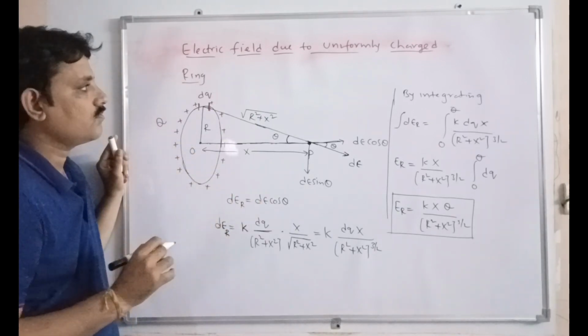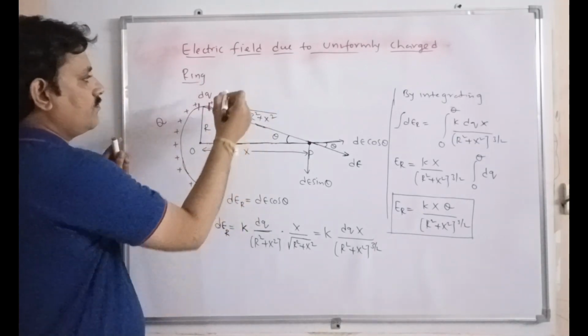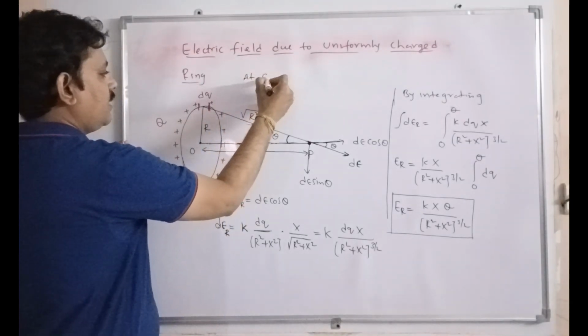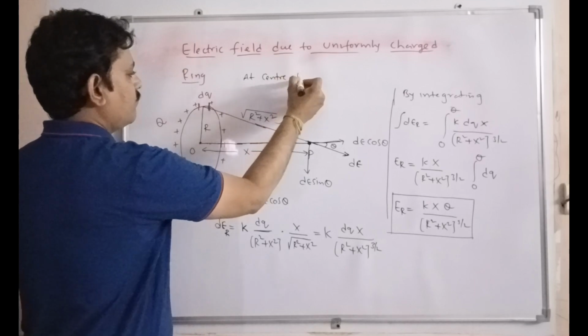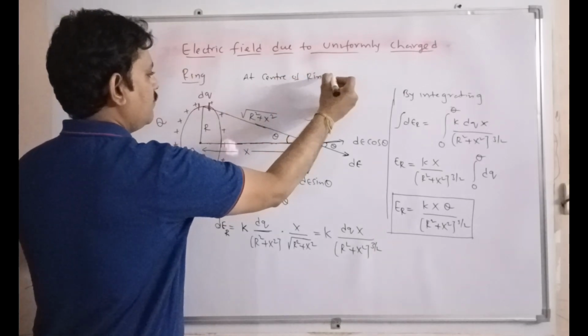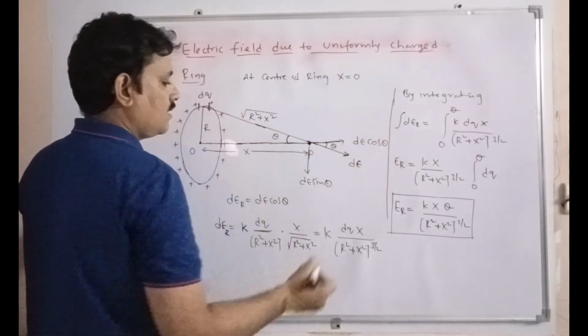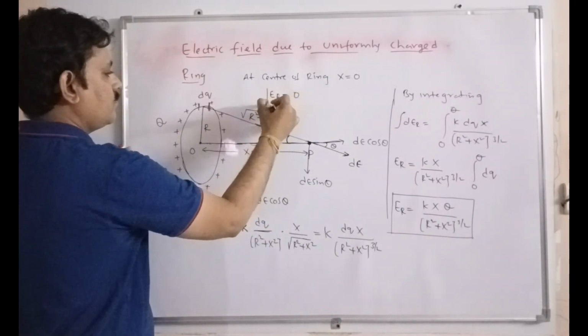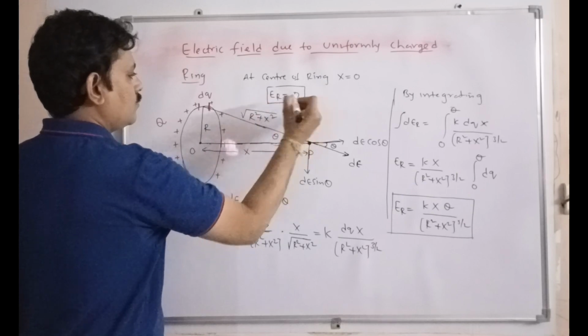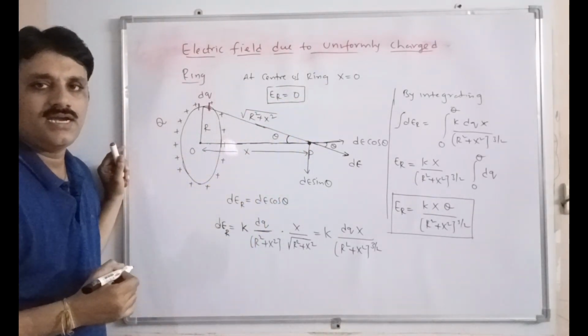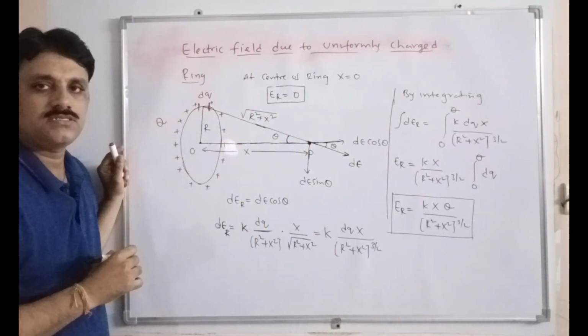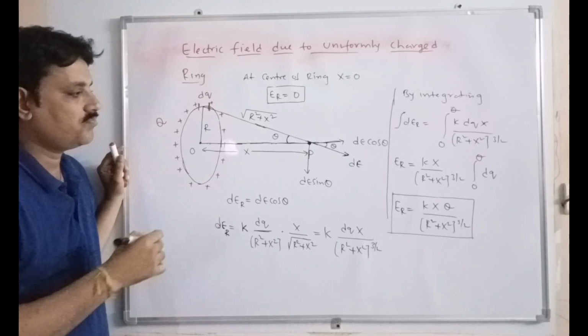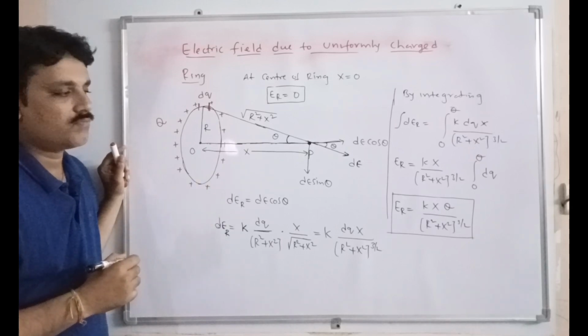At the center of the ring, x is equal to 0. X equal to 0 means E is equal to 0. So the electric field at the center of the ring is nothing but 0, because x is equal to 0.